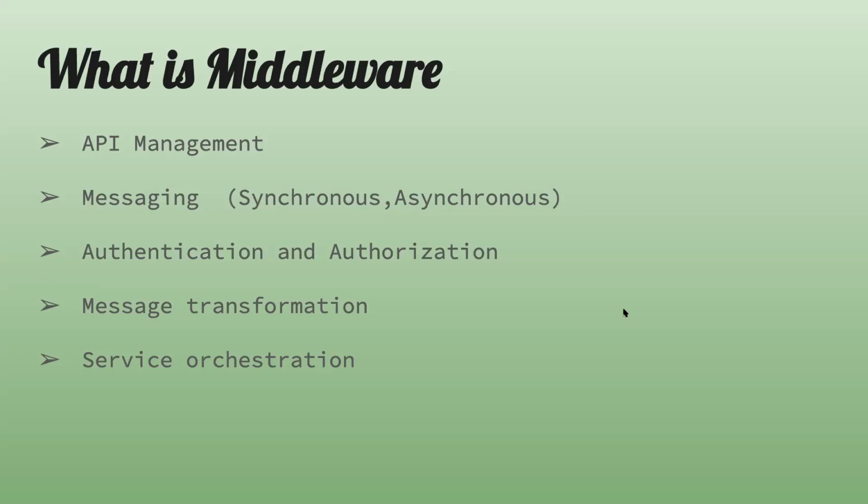Middleware is also responsible for messaging. Basically we can identify two types of messaging: synchronous messaging and asynchronous messaging. In synchronous messaging, a client talks to a particular API, and the client waits until the result is returned.